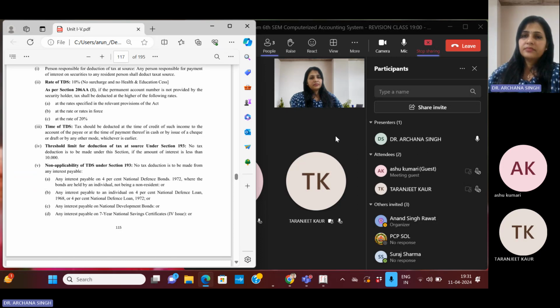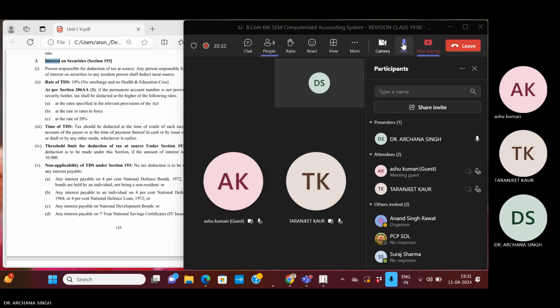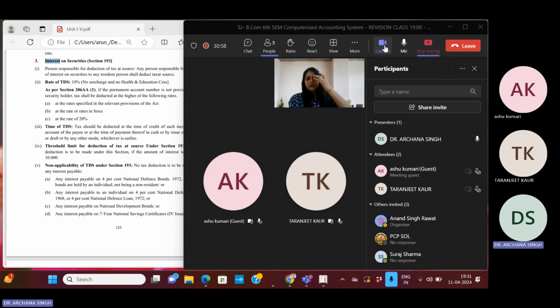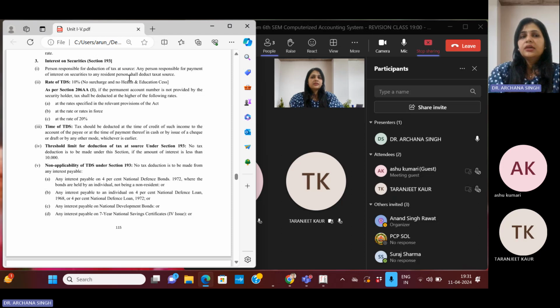Interest on securities, according to section 193, says that the person responsible for making the payment of interest on securities to any resident person should deduct the tax at source.